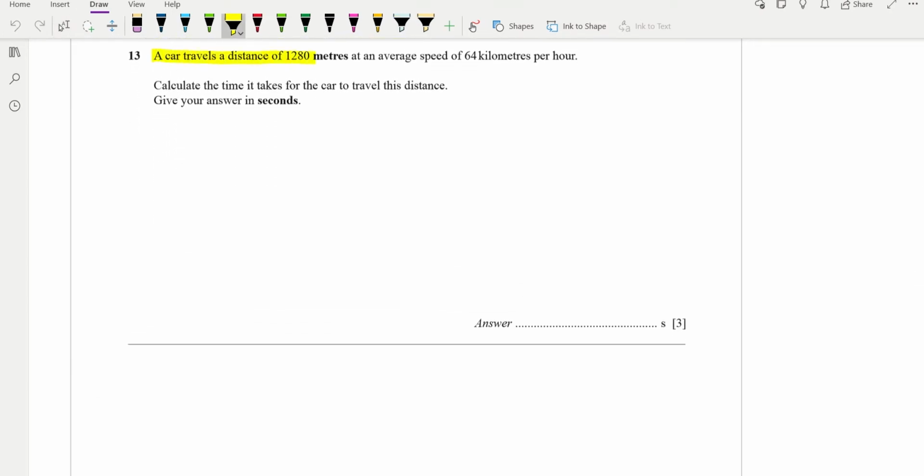A car travels a distance of 1280 meters at an average speed of 64 kilometers per hour. Calculate the time it takes for the car to travel this distance. Give your answer in seconds. So the answer is required in seconds. We know speed is equal to distance over time. The speed is provided, 64 kilometers per hour, and we have to change it into meters per second.